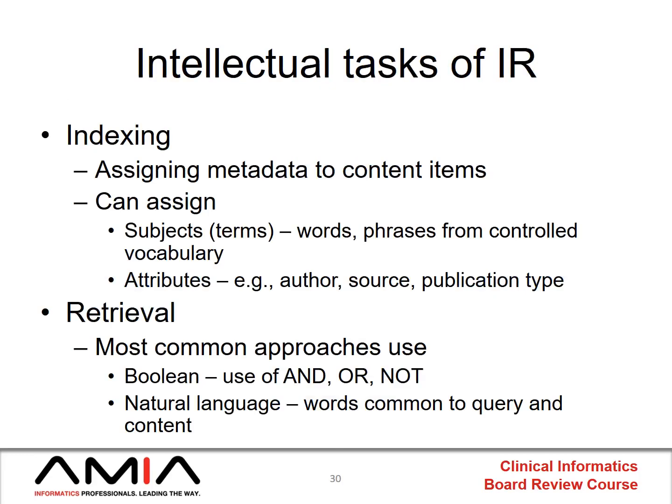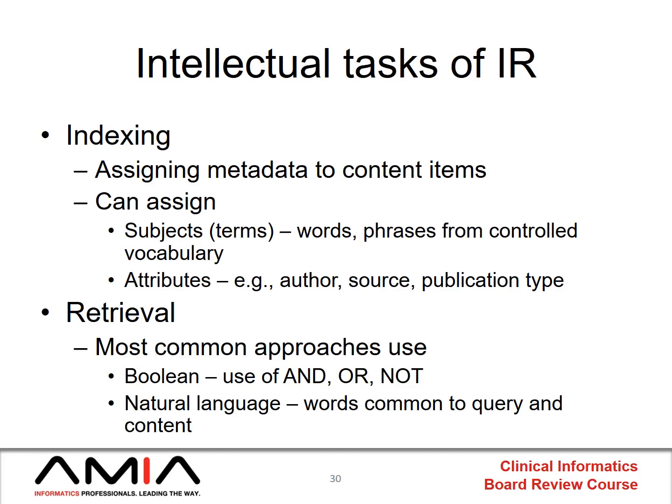In that image on the previous slide, we see that there are 2 intellectual tasks of information retrieval. These are indexing and retrieval. Indexing, again, is the assigning of metadata to content items.